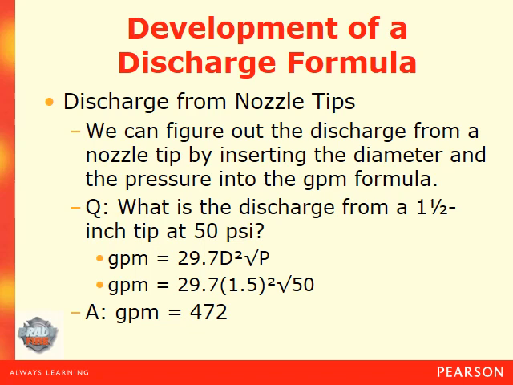So we take 29.7 times 1.5 squared times the square root of nozzle pressure. It is important to remember that you must do exponents first. So 1.5 times 1.5, then multiply that by 29.7, and then of course get the square root of 50 and multiply again. And that gives you 472 gallons per minute.